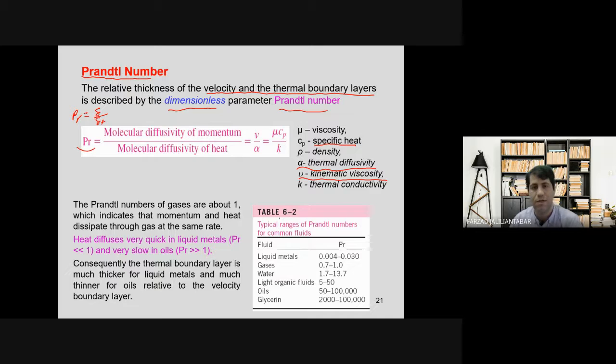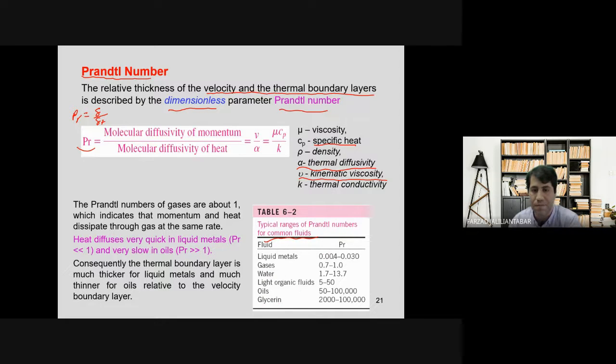So in this table, Table 6.2, you can see the typical range of Prandtl numbers for common fluids. So Prandtl number is a property of the fluid. Different fluids you can see here, like liquid metals or melted metal, for example, or the gases, water, light organic fluids, oils, and grease.